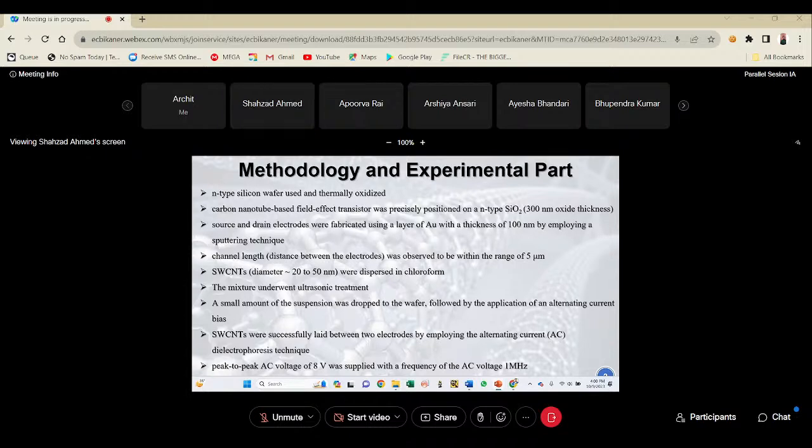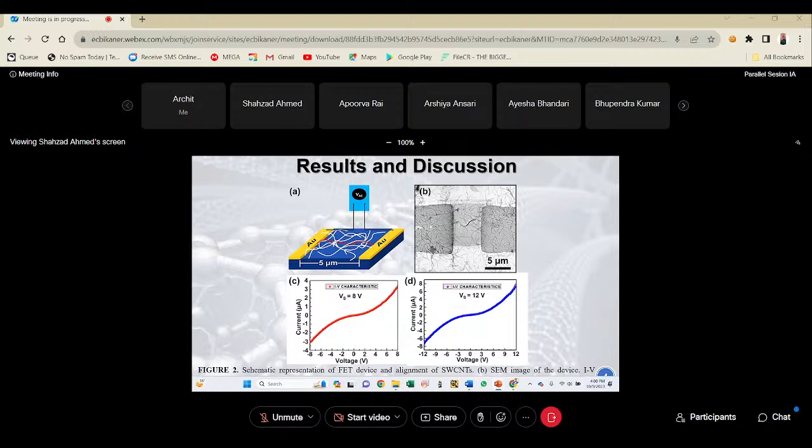We applied the AC bias voltage using the dielectrophoresis process, with a peak-to-peak voltage of 8 volt and a frequency of 1 megahertz. Then the wafer was treated at 100 degrees centigrade to remove the unwanted solvent. Here is the structure.